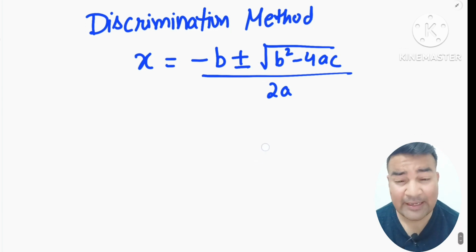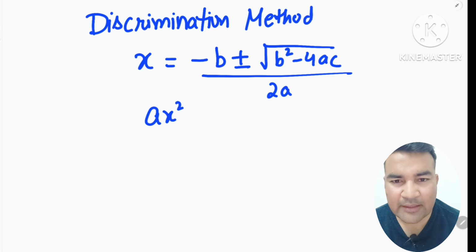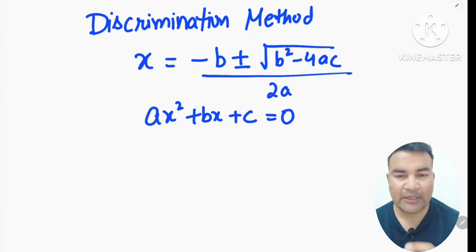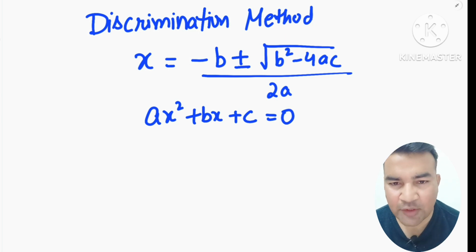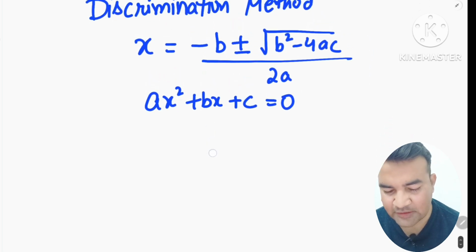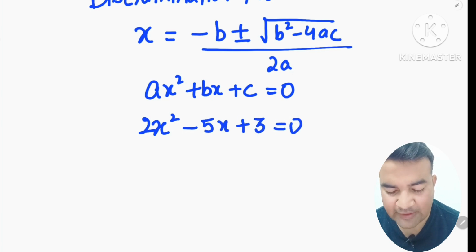Okay, I'll explain. Basically a, b, c: if we write a quadratic equation in general form, that is ax square plus bx plus c. Whatever the coefficient with x square will be a, coefficient of x will be b, and that constant we will take as c. That means if I take the previous example, the equation was 2x square minus 5x plus 3 is equal to 0.